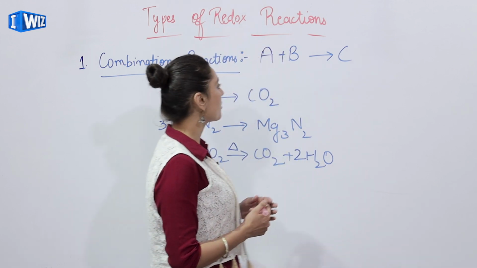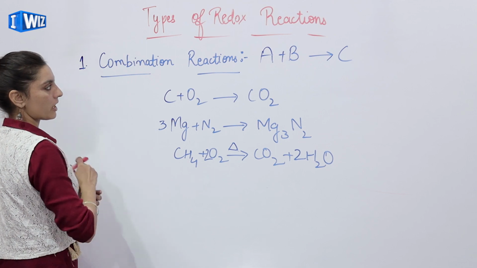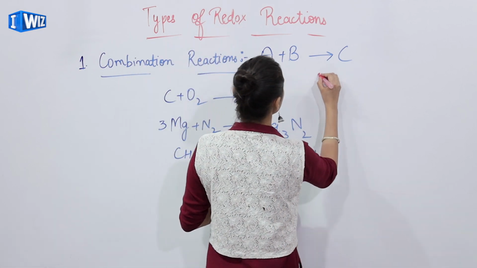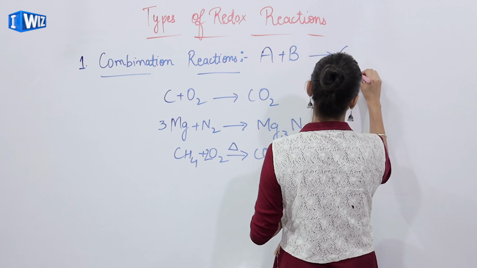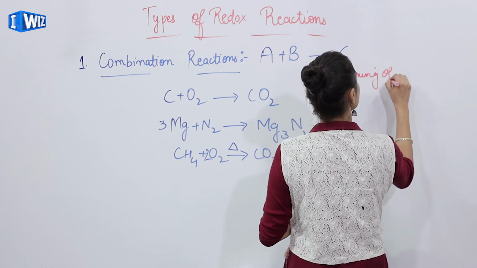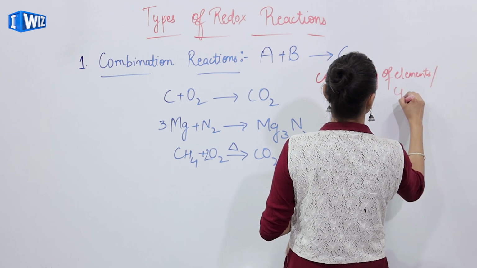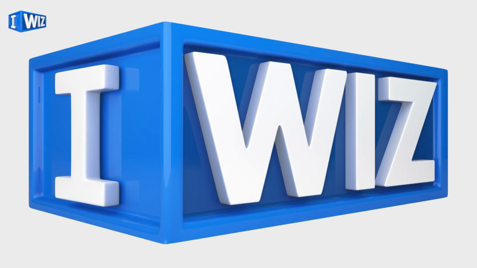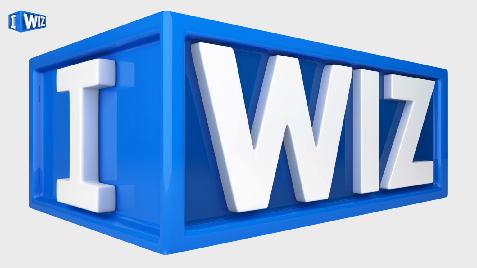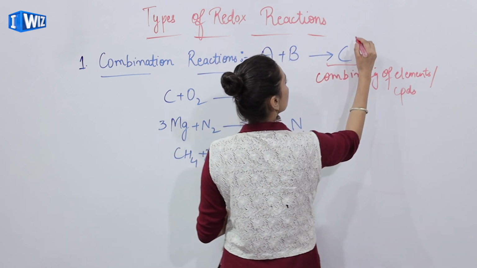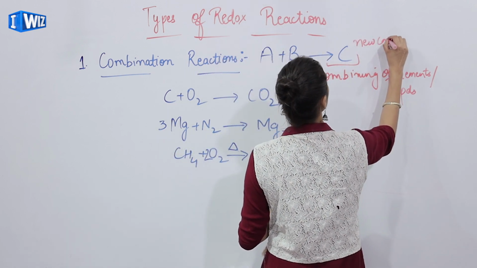So starting with the very first one, that is the combination reactions. Combination reactions, as the name says, combining of the elements, or it could be combining of the compounds, leading to the formation of some new product or the new compound.